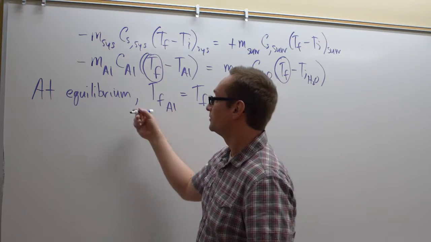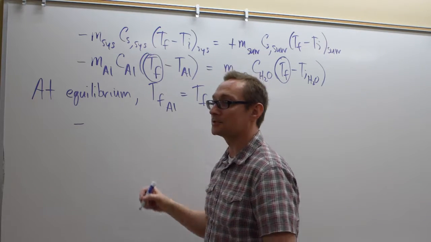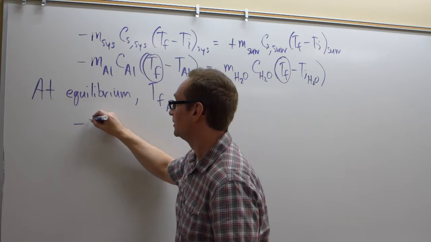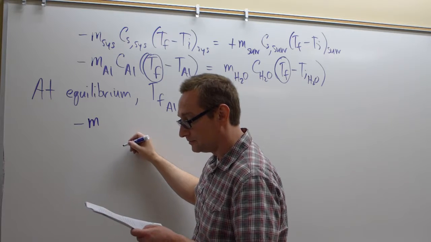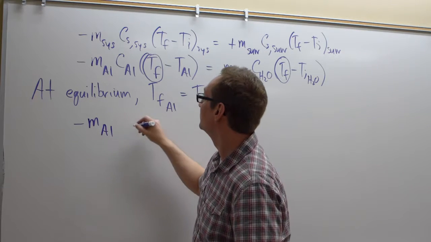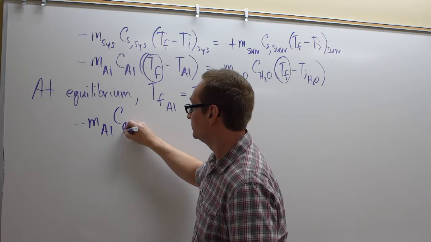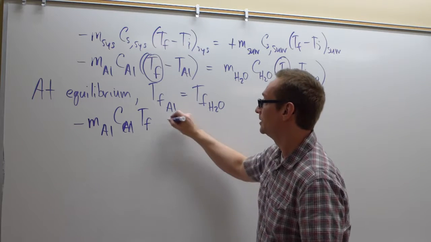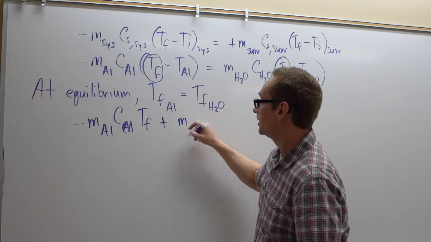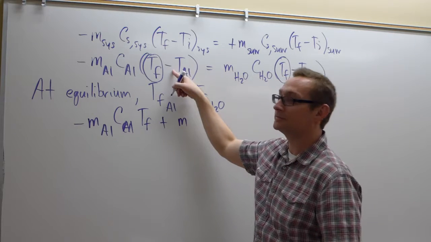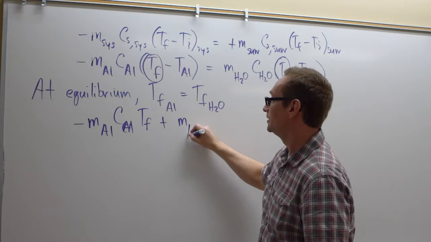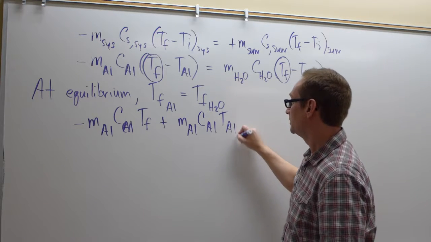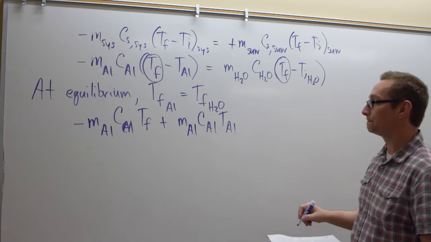So what we can do is apply the distributive property on both sides. Mass of aluminum times C aluminum times T final plus, and it's plus because it's negative times negative, so this makes it a plus, mass of aluminum, C aluminum, T initial aluminum.